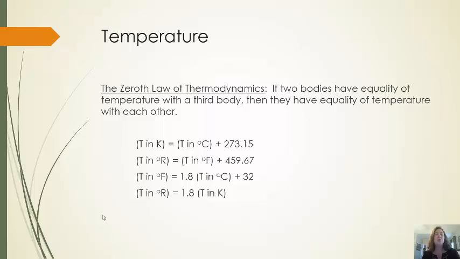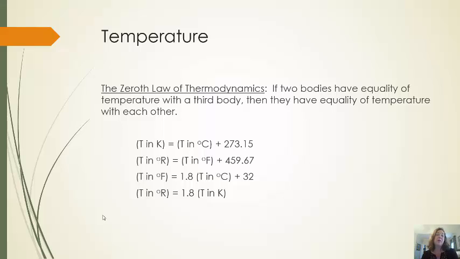The other thing we need is to be able to work with temperature in absolute terms. Equations of state, which are sort of the lifeblood for chemical engineers, are all based on absolute temperatures. The absolute temperature scale for SI is kelvins, so we take our temperature in degrees C and add 273.15.